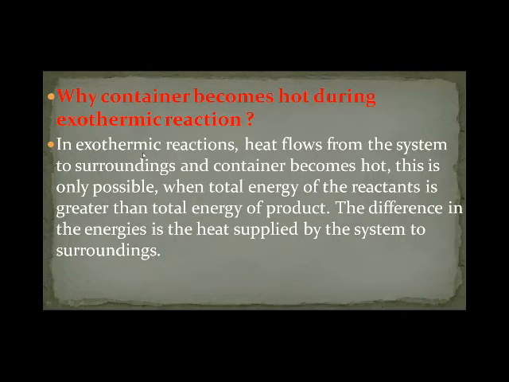When an exothermic reaction occurs, heat flows from the system to the surroundings. System means where the reaction is taking place, either a vessel or a container. Or we can take the example, for example, a beaker, maybe a conical flask. The surrounding means outside the system, or outside of your apparatus or the vessel. So the container becomes hot.